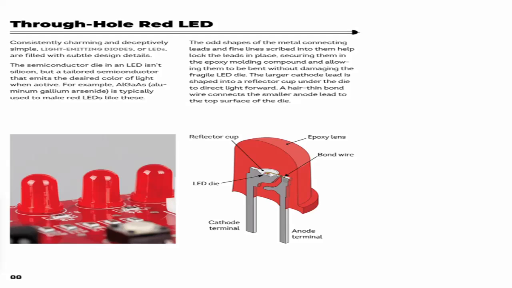Consistently charming or deceptively simple, light-emitting diodes, or LEDs, are filled with subtle design details. The semiconductor diode in an LED isn't silicon but a tailored semiconductor that emits the desired color of light when active.